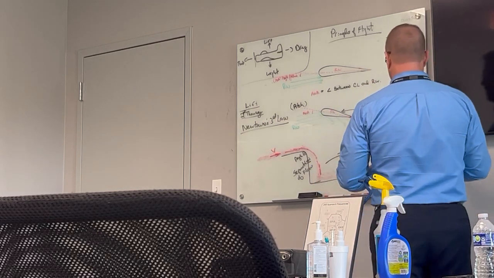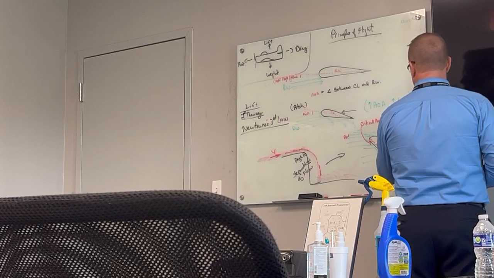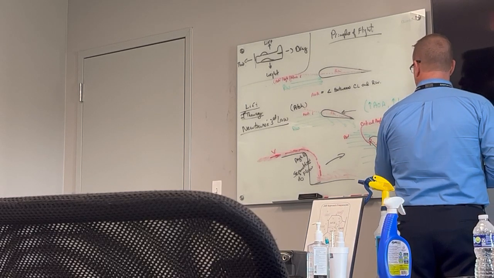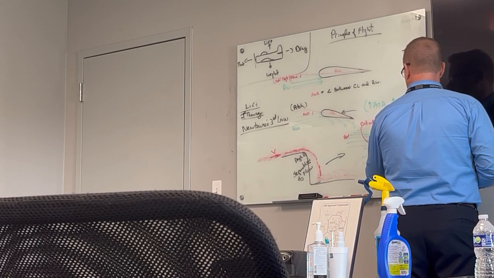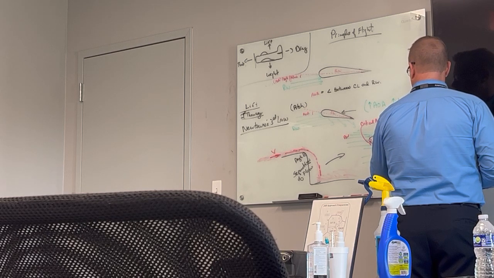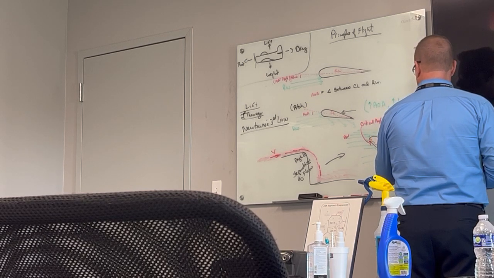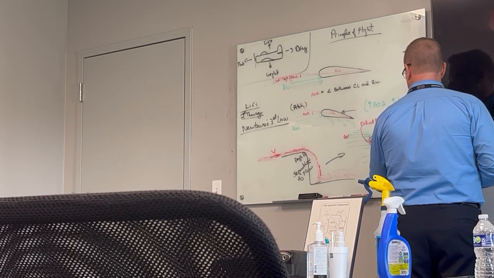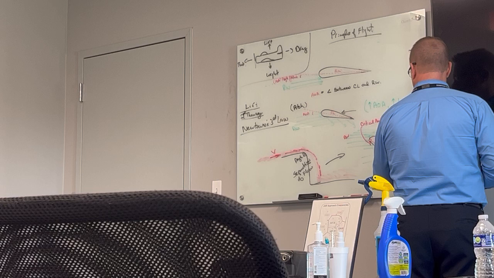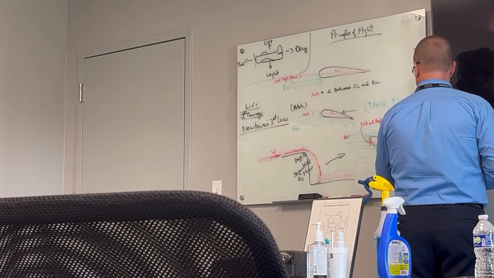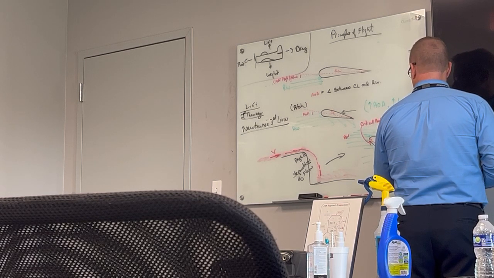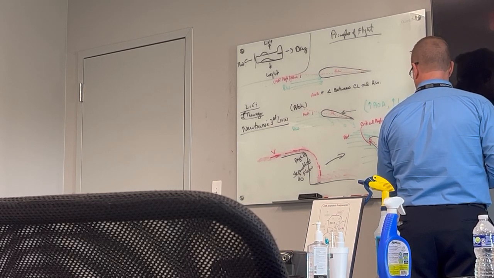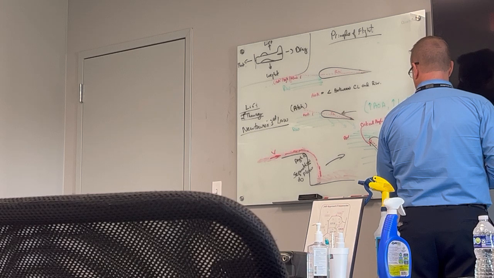The critical angle of attack is the angle at which laminar flow air separation from the top of the wing occurs, destroying lift.